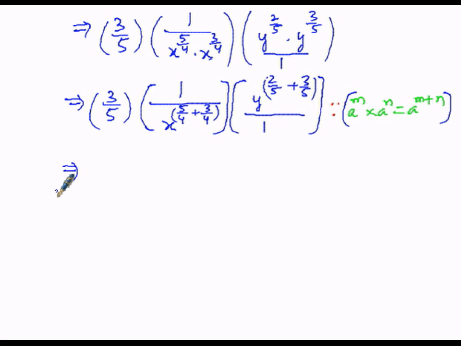Then that implies 3 by 5 as it is in the first bracket, whereas in the second bracket 1 divided by x to the power of. So we can take the LCM of these two fractions. The denominators are the same, so these two are like fractions.